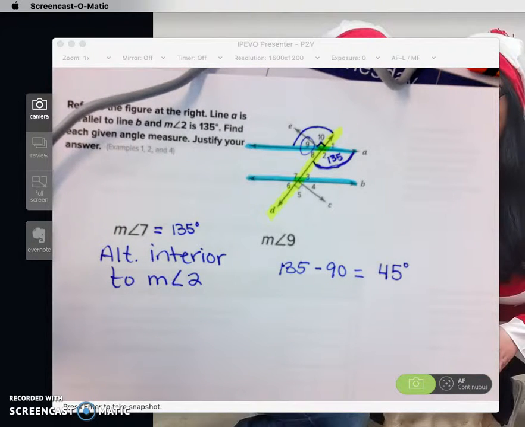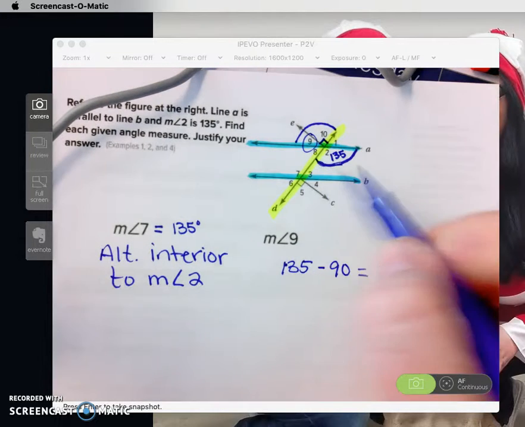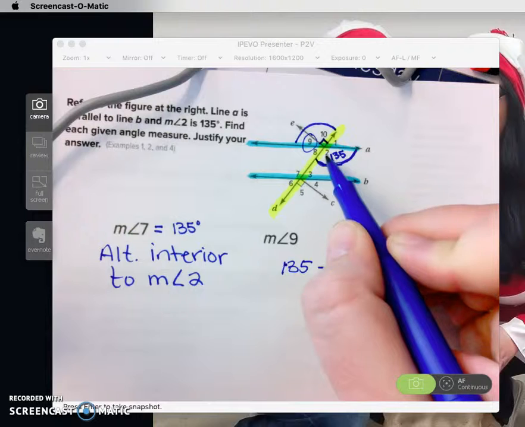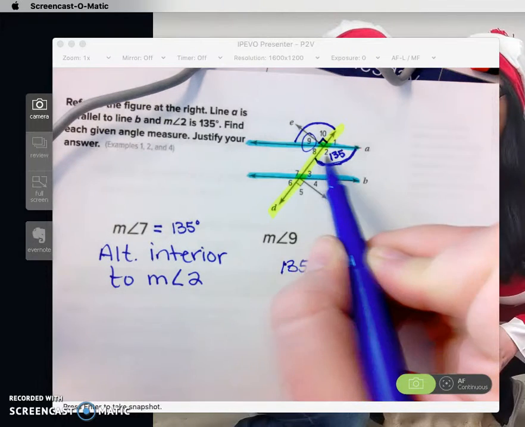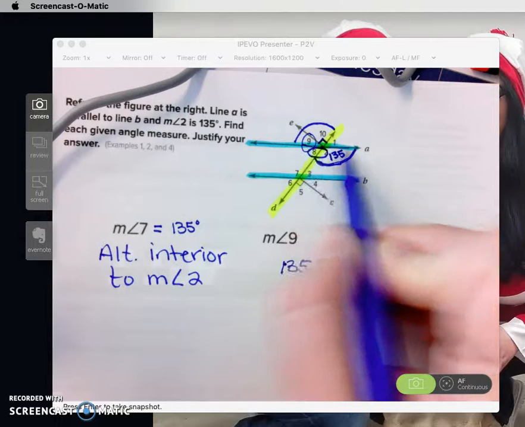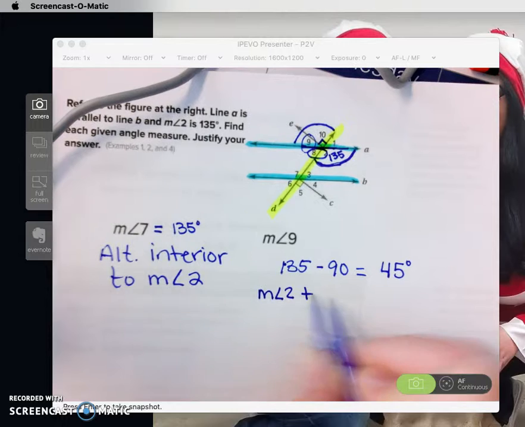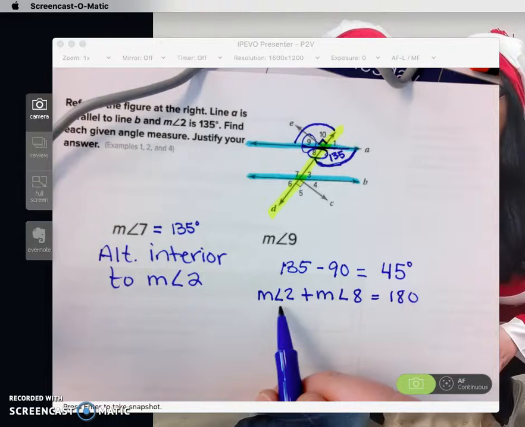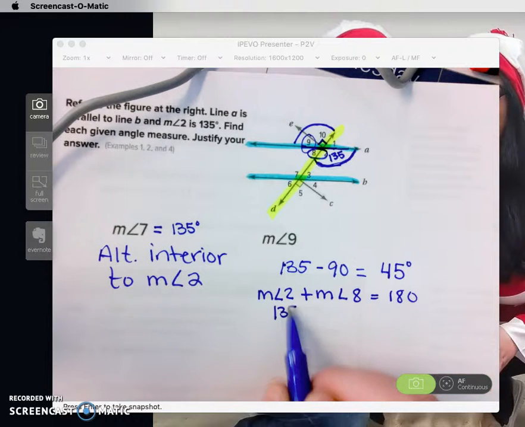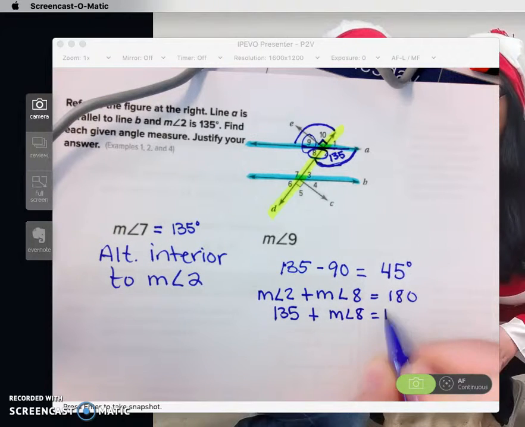Well, if you want to justify it a little more, you could also look at it and say 2 plus 8. Well, I don't really like it that way. But 2 plus 8, these two create this straight line here. So if I have the measure of angle 2 plus the measure of angle 8, that's got to equal 180. Well, I know that the 2 is 135, and if I add the measure of angle 8, that's going to equal 180.